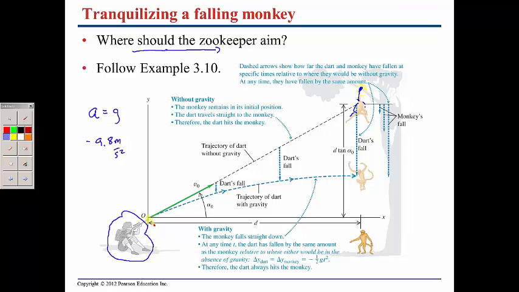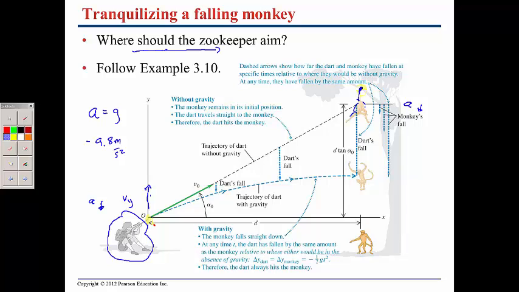Now, the zookeeper is going to shoot the dart upwards, so the dart is going to have some initial velocity in the y direction. The acceleration is in the opposite direction of that. However, we want to aim directly at the monkey because the monkey has the same acceleration downwards.